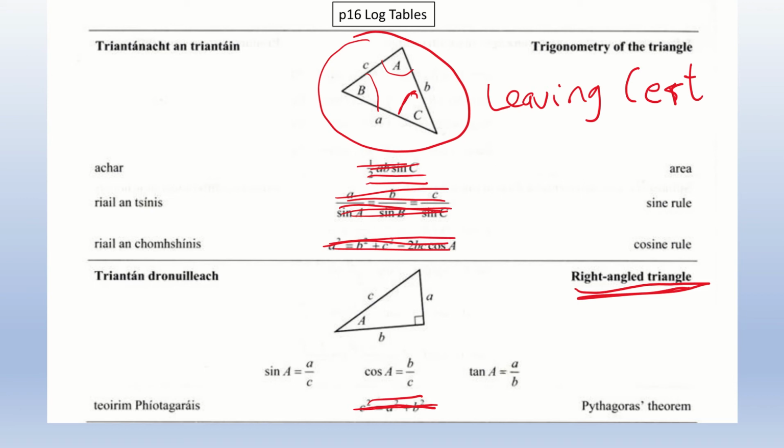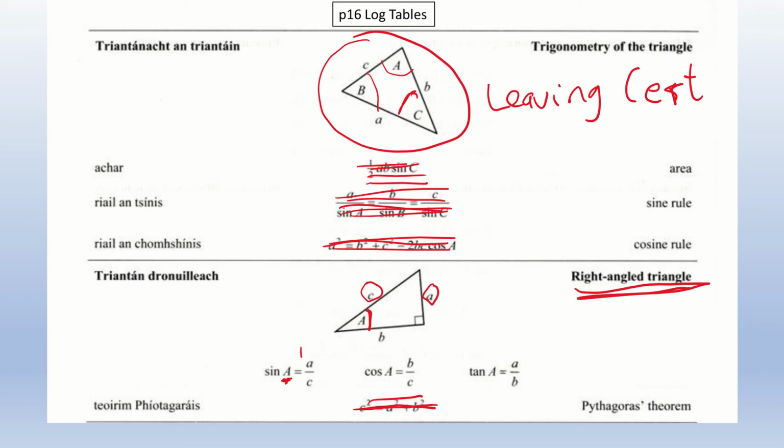Your sine of capital A means that whatever size the angle is, it's going to be the same as the ratio between A and C. So if you have a value for A and a value for C, if you divide them by each other, you will get a value for sine A. The same for cos A and the same for tan A.